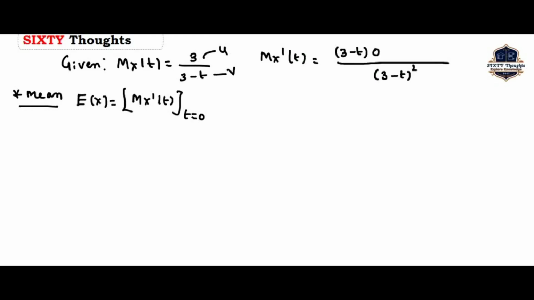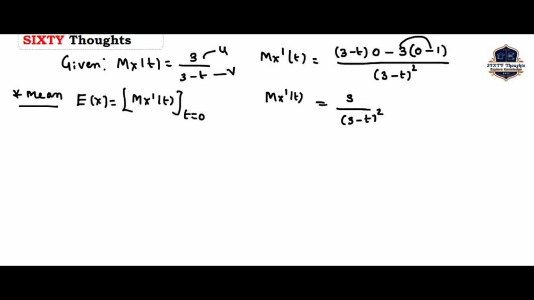U is 0, when you differentiate a constant, minus, we consider u as it is, that is 3 into the derivative of v. When you differentiate 3, you get 0. When you differentiate t, we get 1. Simplify this. 0 into anything is 0, so the first term is 0, minus 3 into minus 1, so we get 3 by 3 minus t whole square.